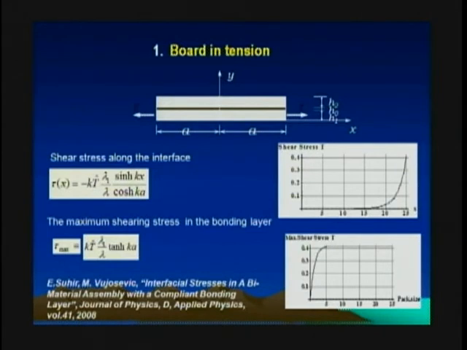The upper figure shows how it's distributed over the length of the assembly. And as you see, it concentrates at the ends, while the mid portion is practically stress-free. And the lower plot shows how the maximum stress at the end of the assembly depends on the length of the assembly.